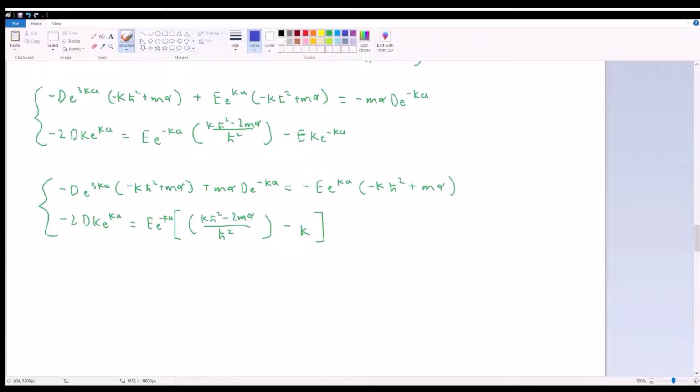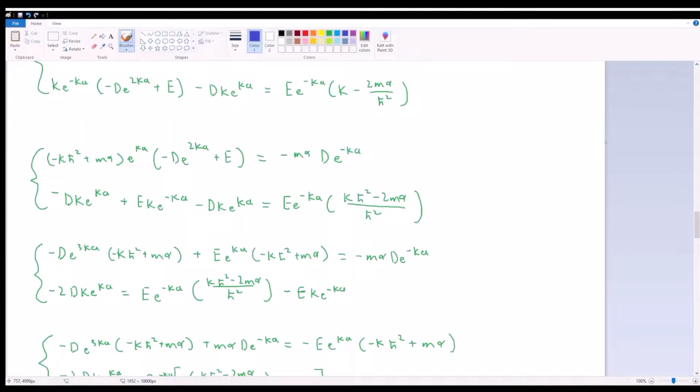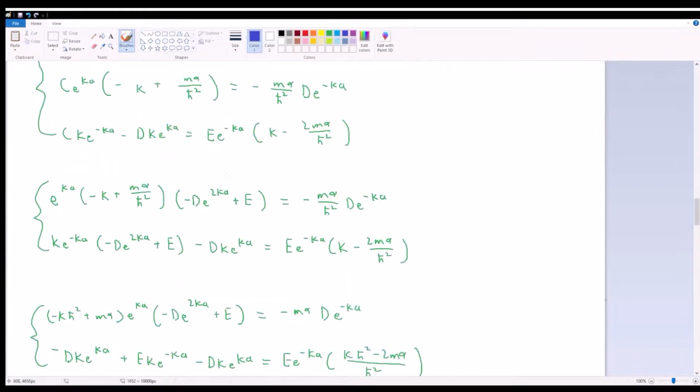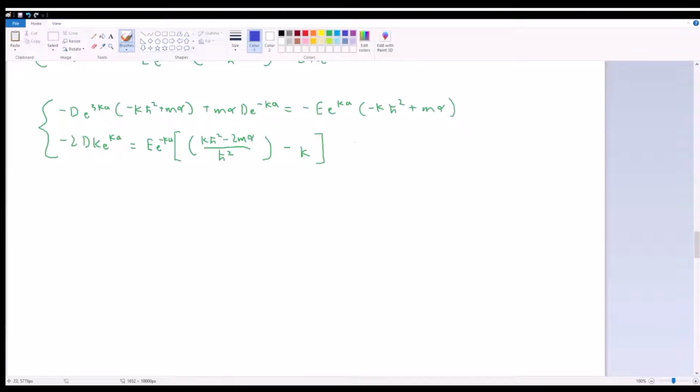Our next step is this, what step are we on? This is, yeah, so on step 3, solve equation 1 for D and plug into equation 2. So, God, this is horrible.